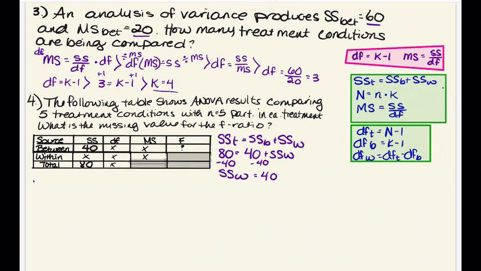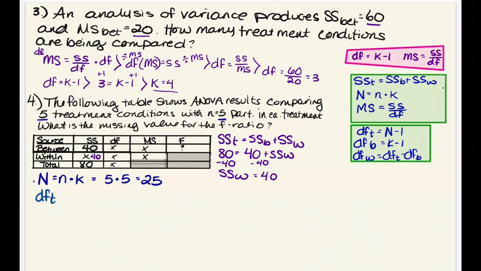To find our degrees of freedom, we first have to determine how many participants are in the entire study. We're given the number of treatment conditions and the amount of participants in each treatment condition. We'll multiply these two numbers to find how many participants are in the entire study.